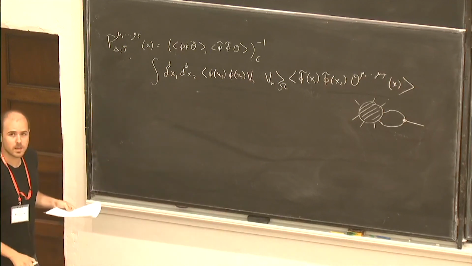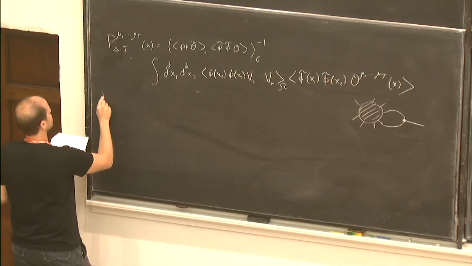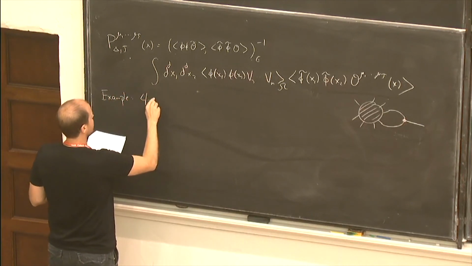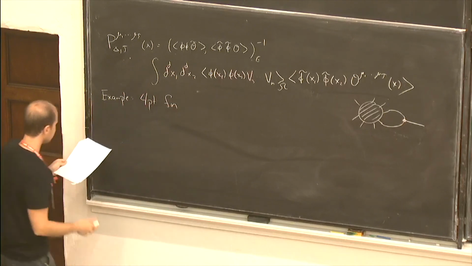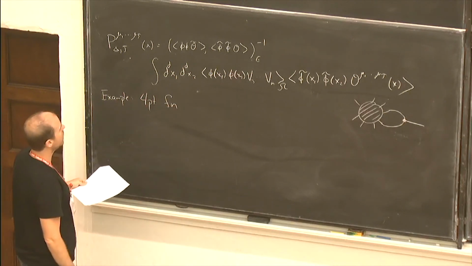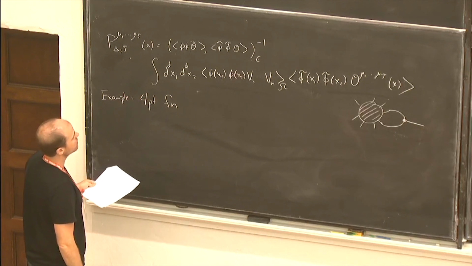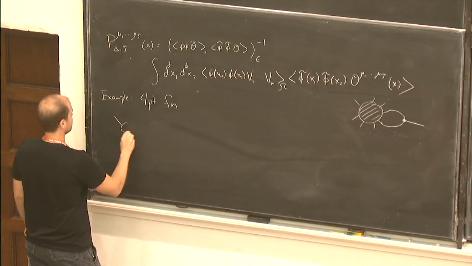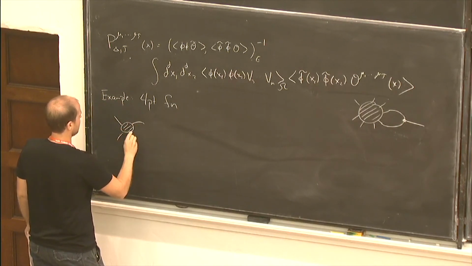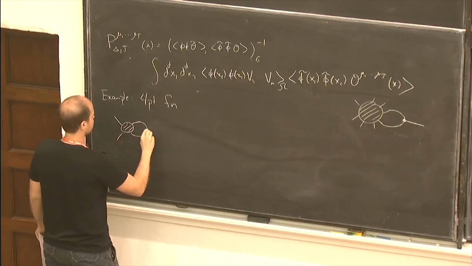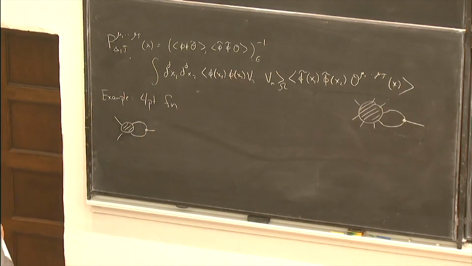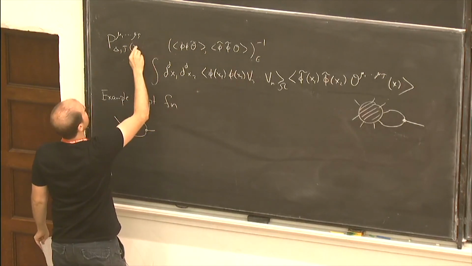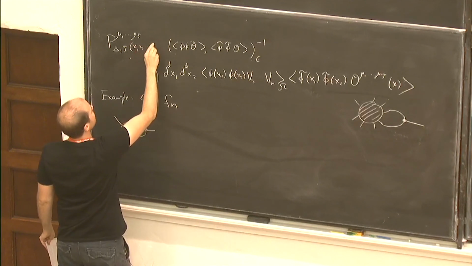So let's apply this to an example, which is a 4-point function. In the case of a 4-point function, we're integrating it against a shadow 3-point function in a conformally invariant way. Maybe I should write what this actually depends on.